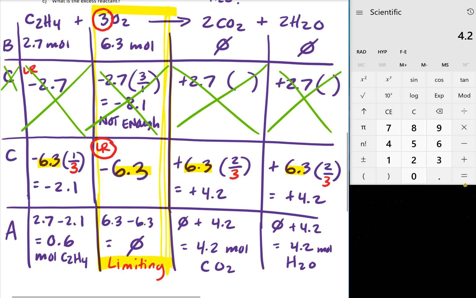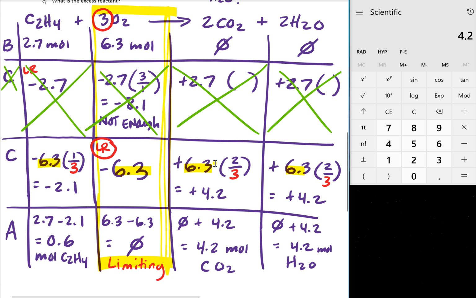Finally, the coefficient of oxygen was 3. So the coefficient of your limiting reactant is always going to be the denominator in the mole ratio fraction. So 3 is the coefficient for oxygen, and I carry that 3 to the denominator everywhere else.